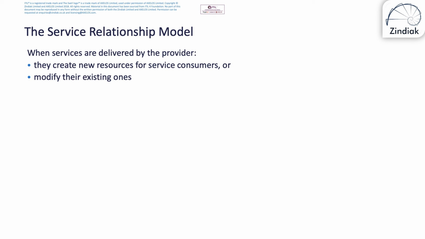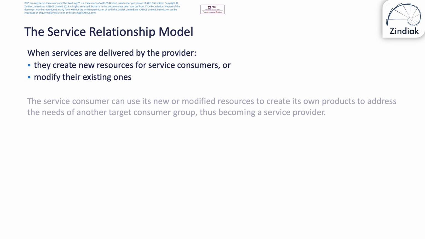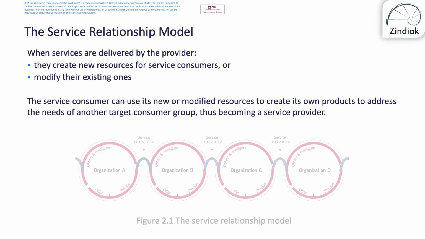We're now going to look at the service relationship model. When services are delivered by the provider, they create new resources for service consumers or modify their existing ones. The service consumer can use its new or modified resources to create its own products to address the needs of another target consumer group, thus becoming a service provider.